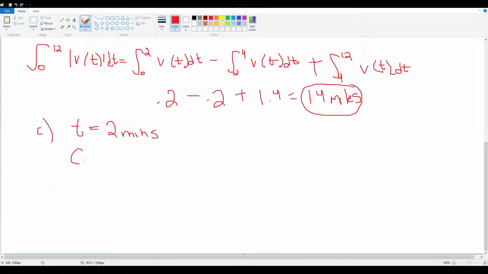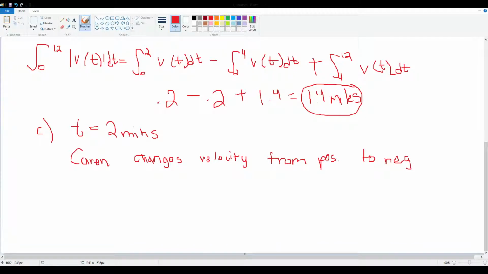So you can say Karen changes velocity from positive to negative.